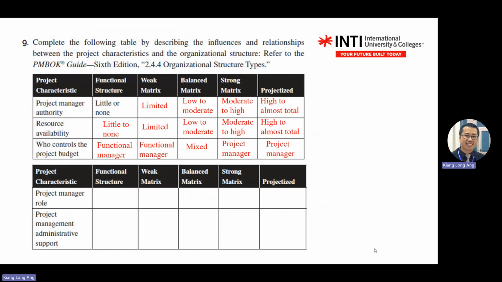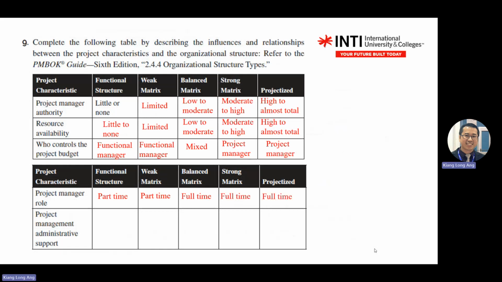Then another table: project manager role. In a functional structure, of course, the project manager's role is very weak here. They are full-time or part-time. In a functional structure, the project manager can be part-time, meaning they just work part-time, then move towards full-time.